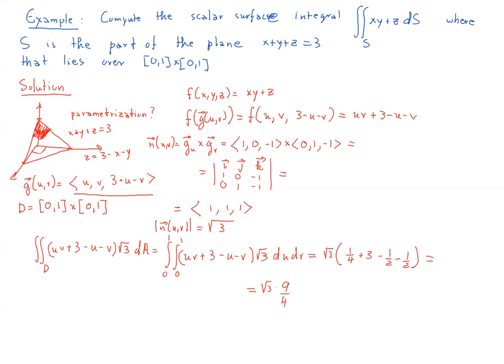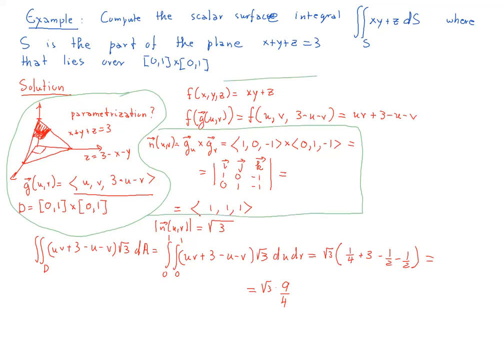So let's recap, because it might seem at first like an overwhelming task, but we need to compartmentalize the different parts and focus on what needs to be done here. Of course, the most important part is the parameterization. Very often we will have this opportunity of being able to apply a graph parameterization. And once we have the parameterization, we need to compute the normal vector.